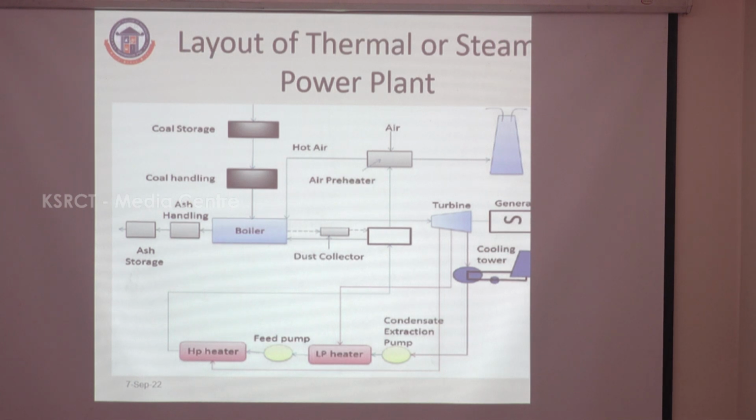The high temperature water is then sent again into the boiler through the dust collector. The purpose of the dust collector is to remove the dust particles from the water. Only pure water is allowed into the boiler. So this is the water and steam circuits in the steam or thermal power plant.